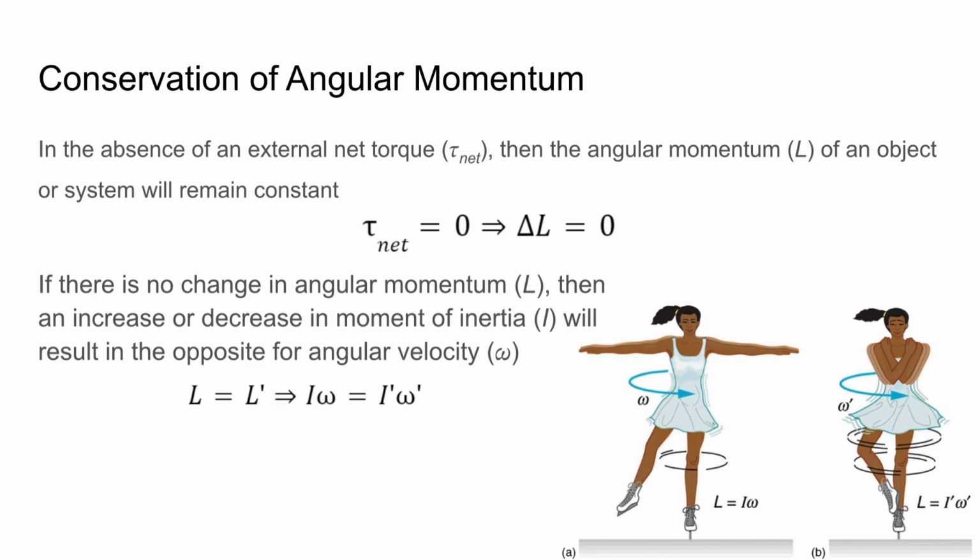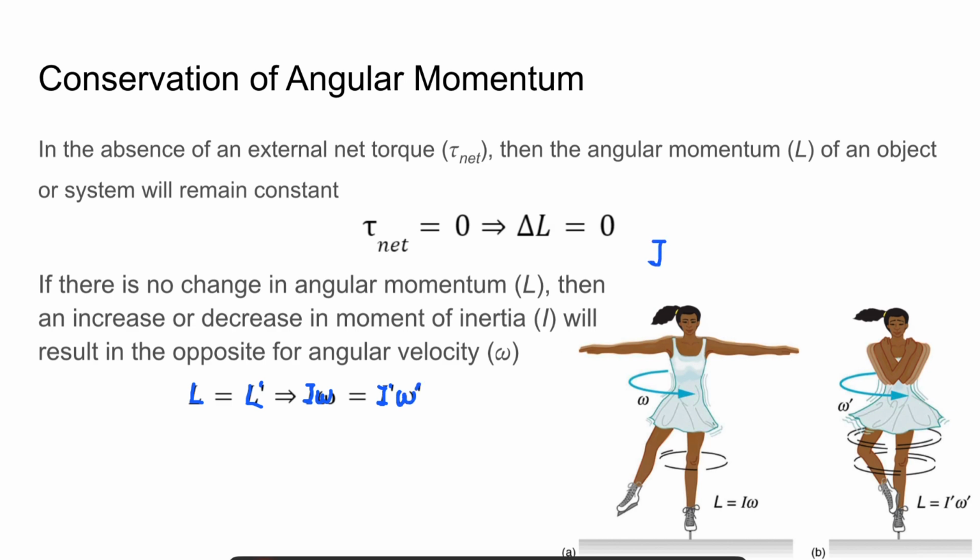Because if our initial angular momentum, L naught, equals our final angular momentum, L, then our initial moment of inertia times our initial angular velocity has to equal our final moment of inertia times our final angular velocity, right?